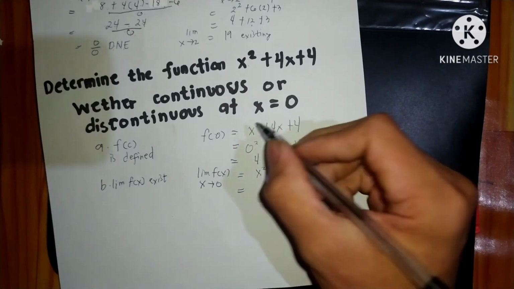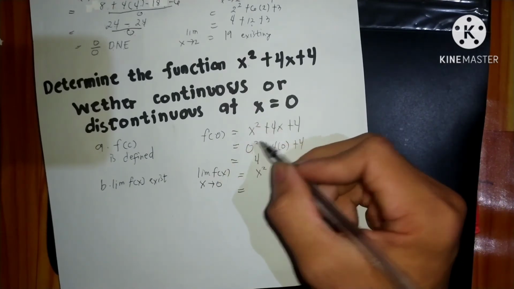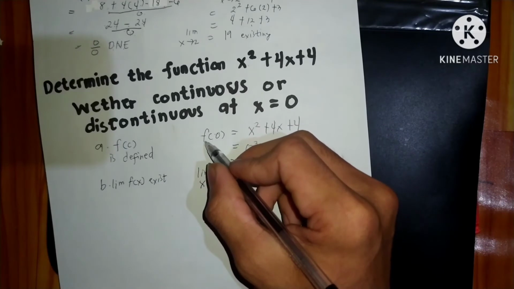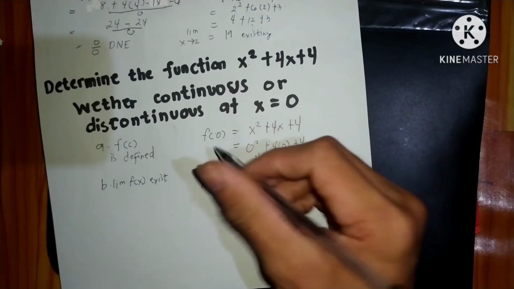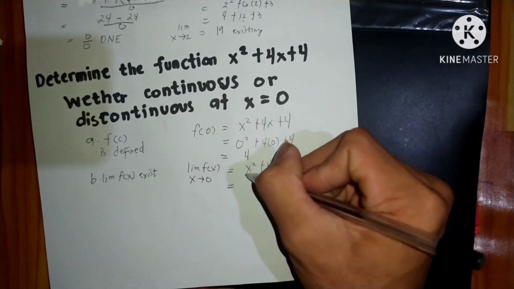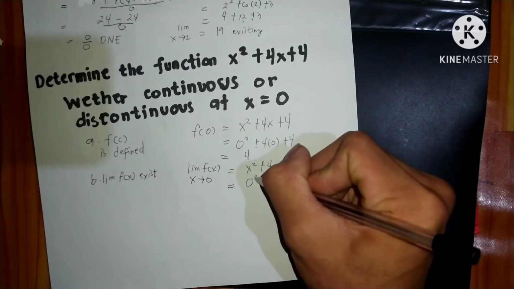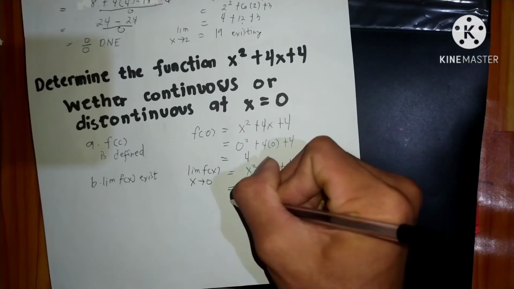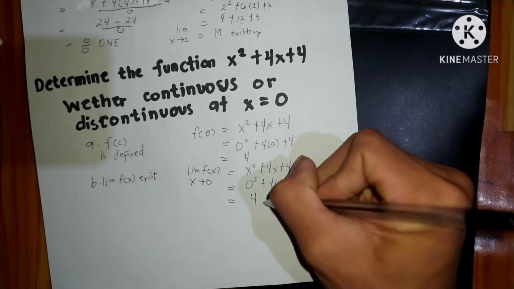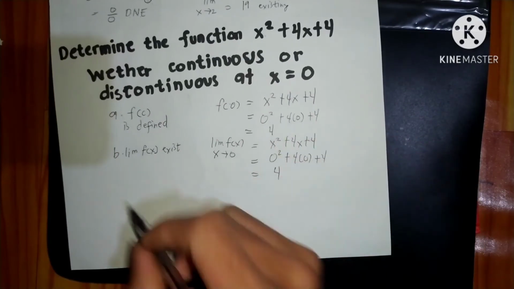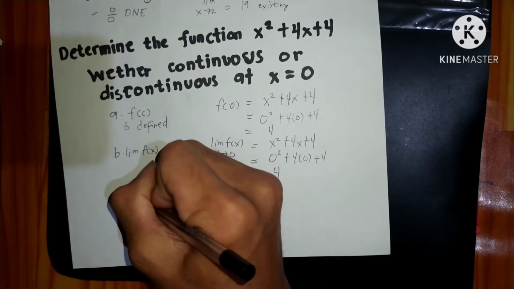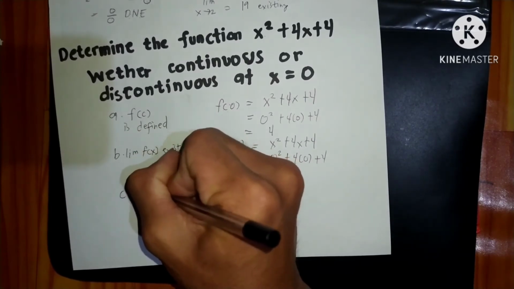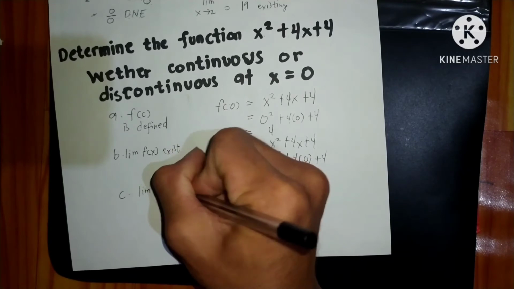Substitute na rin natin gaya nung ginawa natin dito sa first na f of c or f of 0. Substitute 0 squared plus 4 times 0 plus 4 is equals to 4. So, the limit exists.